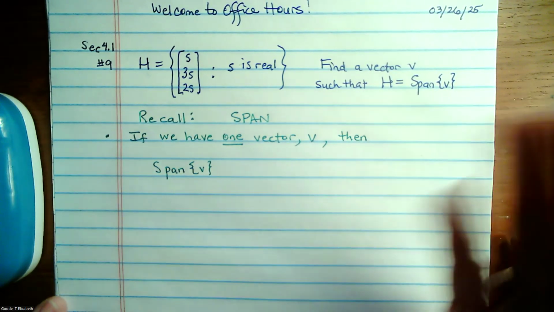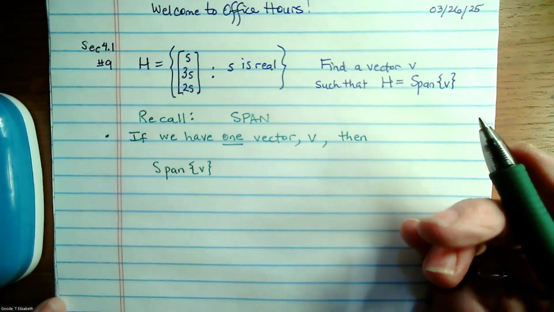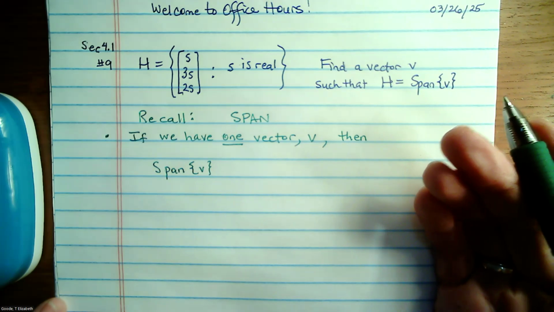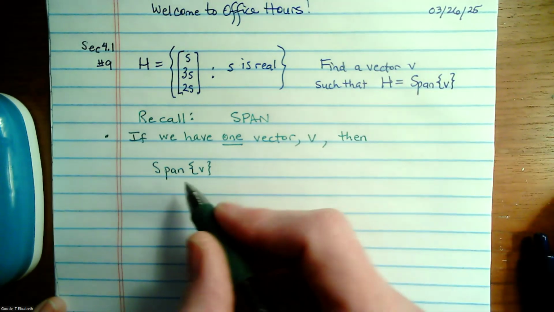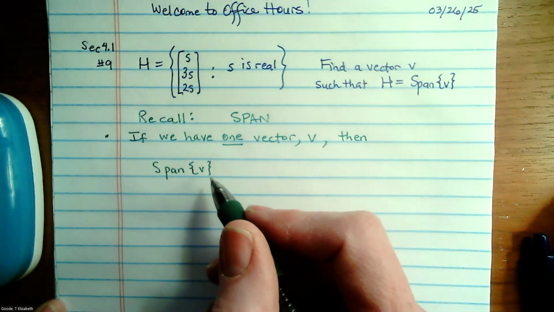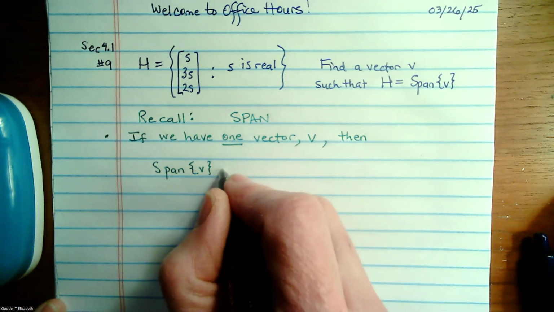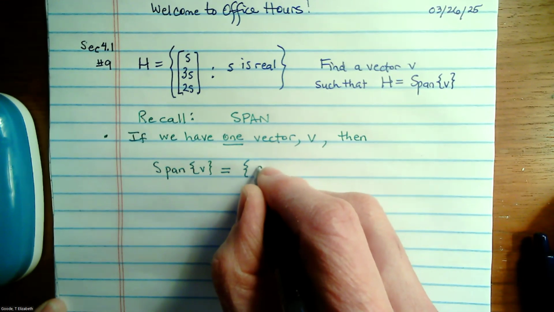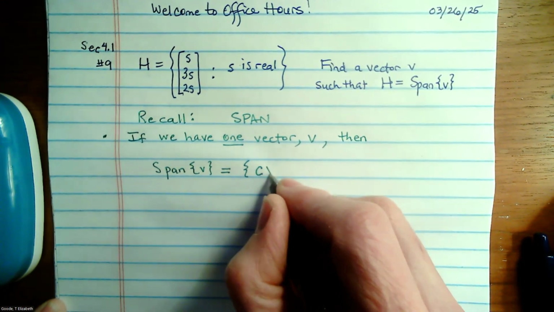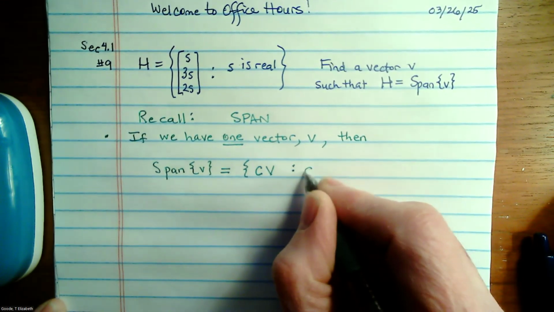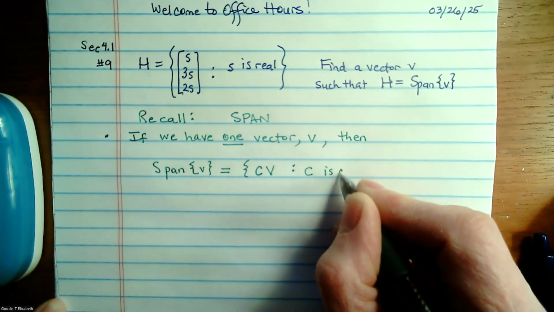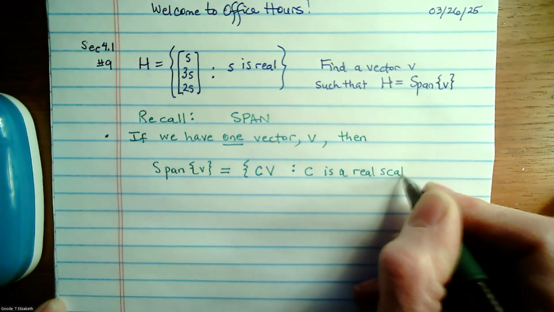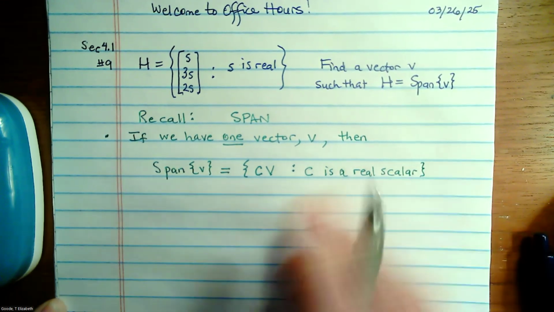We can add bunches of copies of V to itself, which is an integer scalar multiple of V, right? Or we can maybe even weight V with something that's not an integer, like 1.5. The span of V is the set of constants C times V, where C is a real scalar. Let's just stick to the real number line for right now, okay?